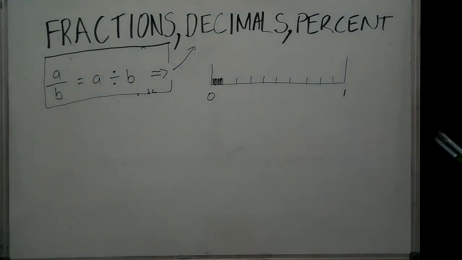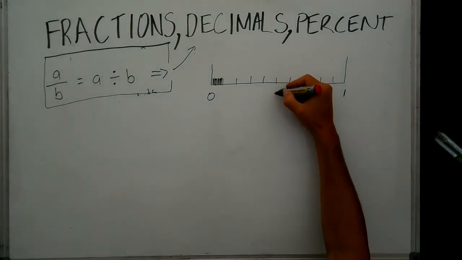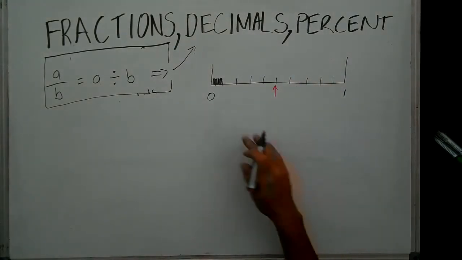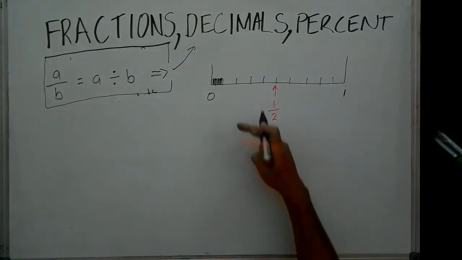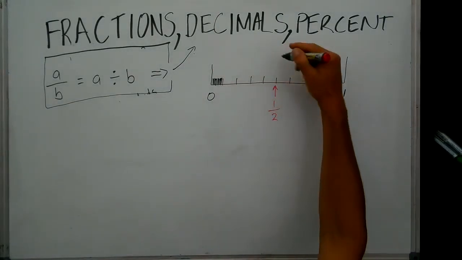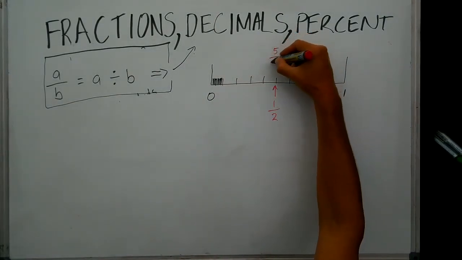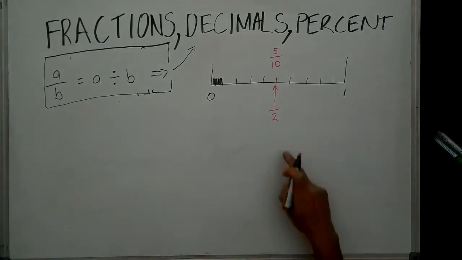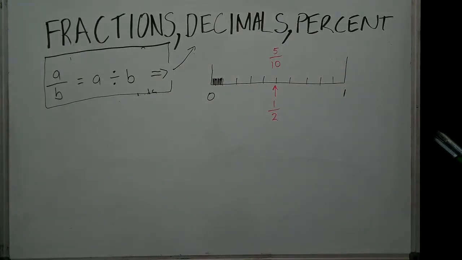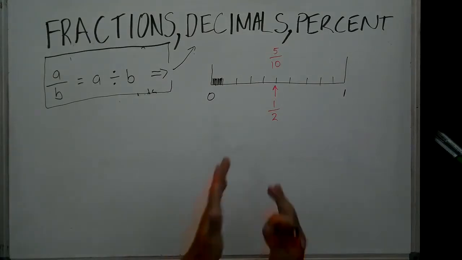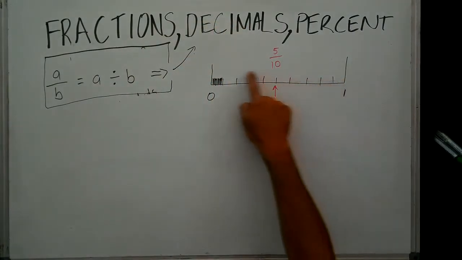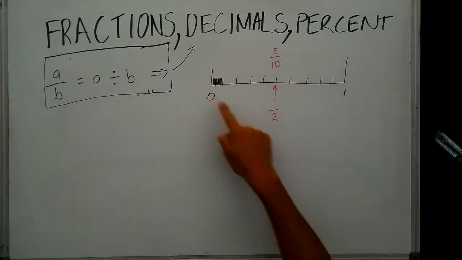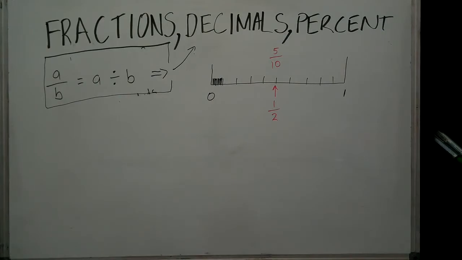Okay, now, fractions. So there's halfway between 0 and 1. Call that a half. But it's also 1, 2, 3, 4, 5 tenths. So there's another one of those equivalent fractions. So I kind of wanted to say that because decimals and fractions, they both inhabit the same space on the number line.